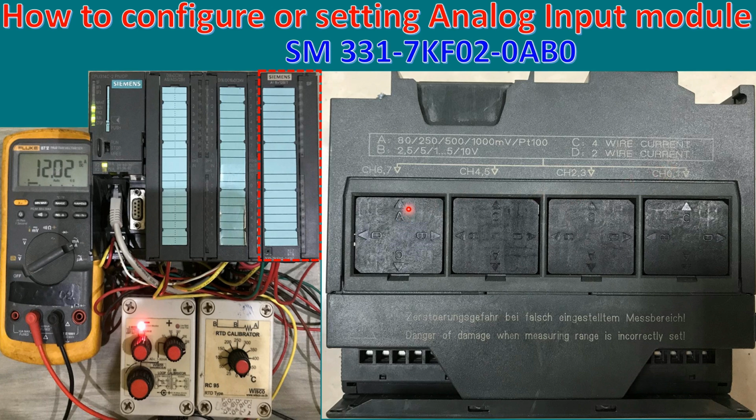So there are 8 channels for this analog input module, but we have options of wiring that we need to know also. Yes. And in this video I will show how to use the unscale and scale with this tool.